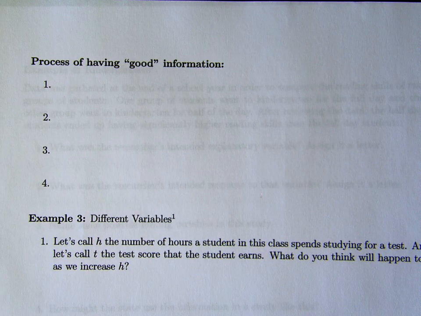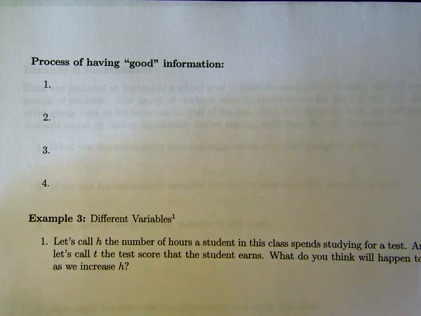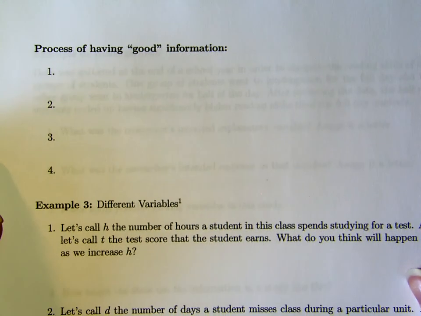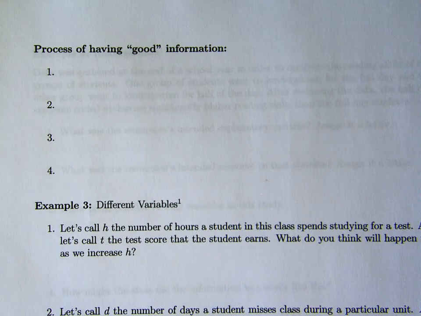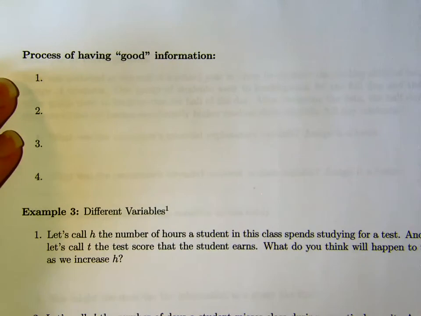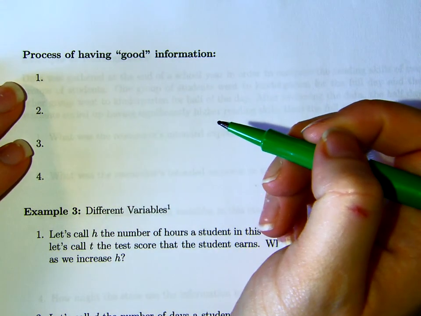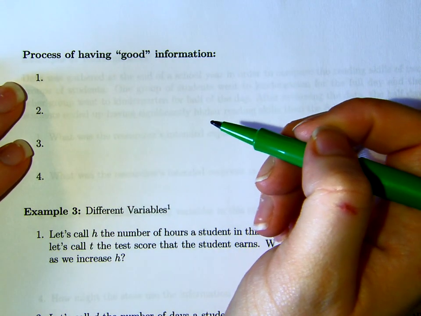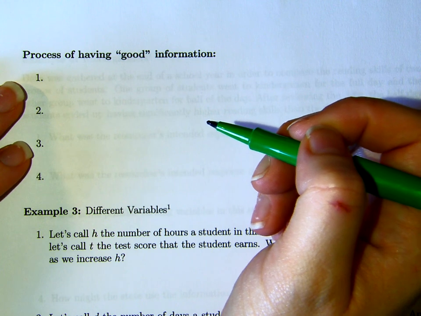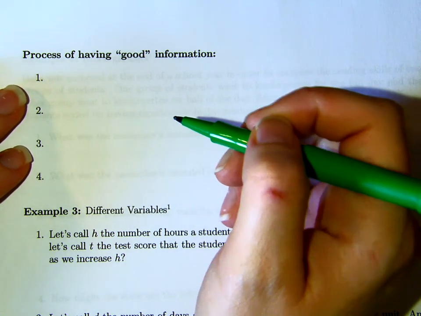All right. So let's just talk about this and then we'll start again when it comes to example 3. So the process of having good information. First, I feel like we need to define a goal and we need to recognize the population that goal represents.